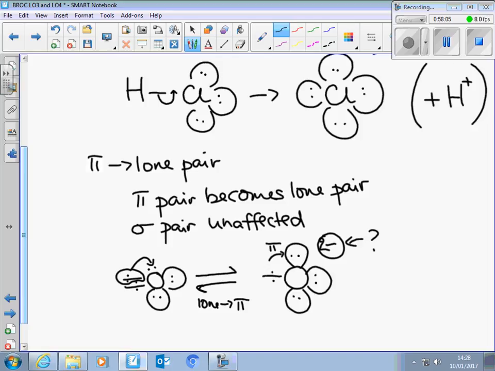You do get H plus and Cl minus, but that H plus can attach itself to the water. We actually end up with H3O plus, which is not something we're going to meet very often. I think it's called a hydroxonium ion.